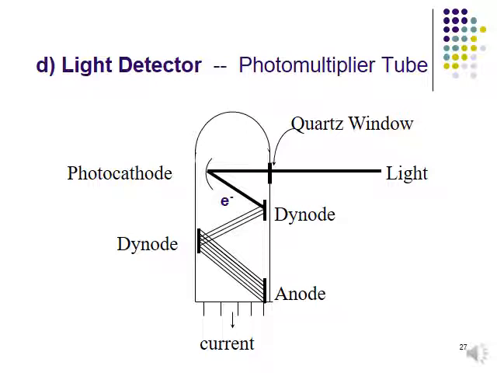You must know that when the light is transmitted, there are electrons in this light. It passes through the photocathode, then through the dynodes, and the last stage is the anode. At this stage it converts to a current.